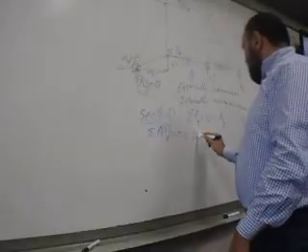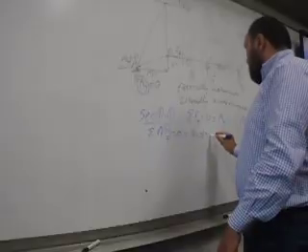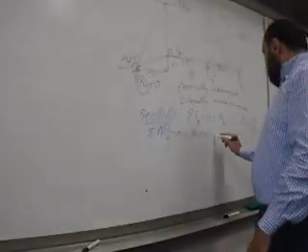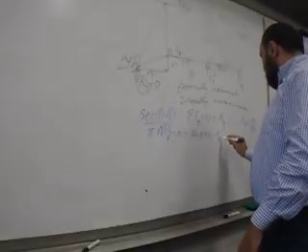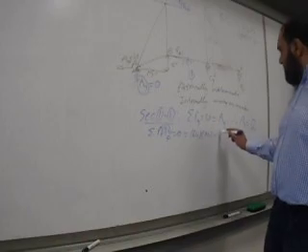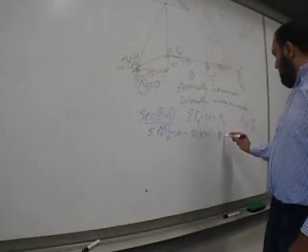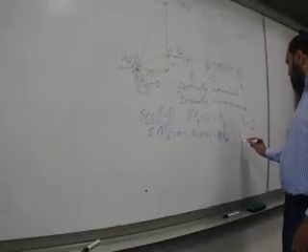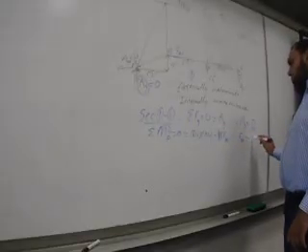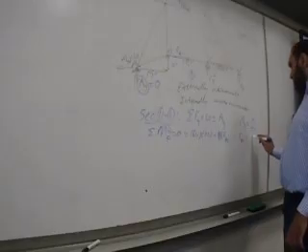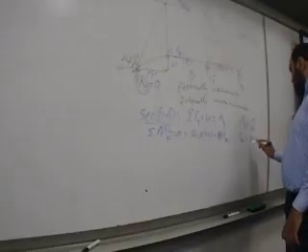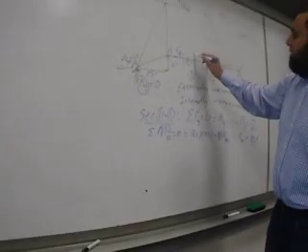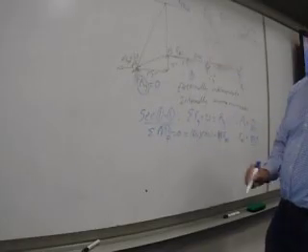So 60 times 20 minus FBC times 15. Therefore, FBC is equal to what? 80 kips. So this is 80 kips. I'll write it here, 80 kips.